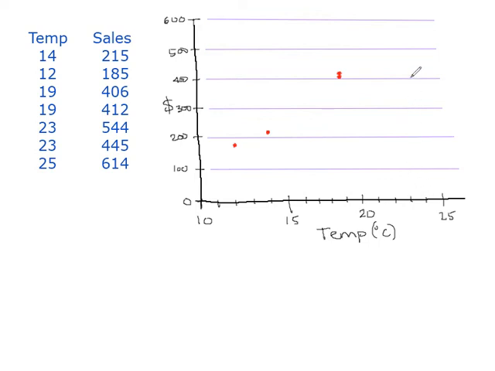That's 1, 2, 3, 4, 5, and 44% of the way to the next line. Then 23 degrees, again, they made 445, just a little below half, 45%. And then on the 25-degree day, they got 614, that kind of thing.